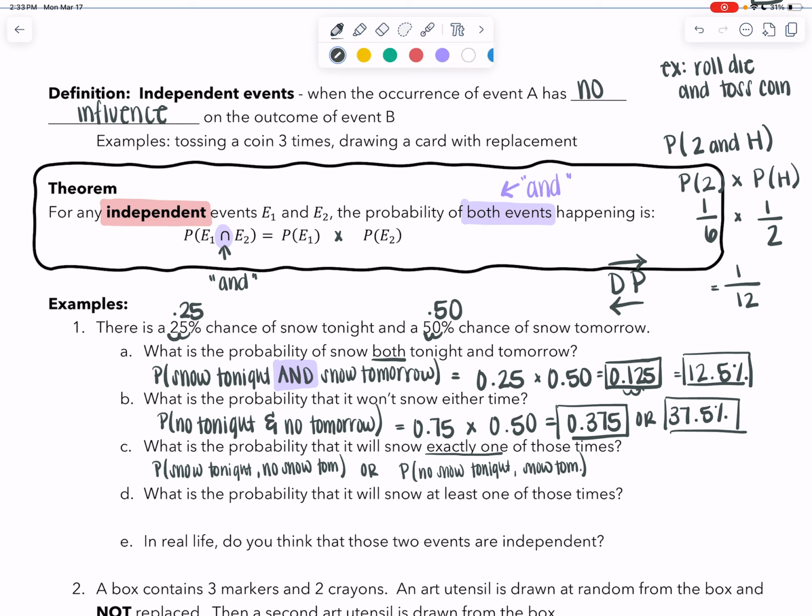Now I need to find each of these individual probabilities. So the probability of snow tonight is 0.25, a 0.25 chance of snow tonight, times, so that's that part. No snow tomorrow would mean 0.5 says it will snow, so no snow would be another 0.5.